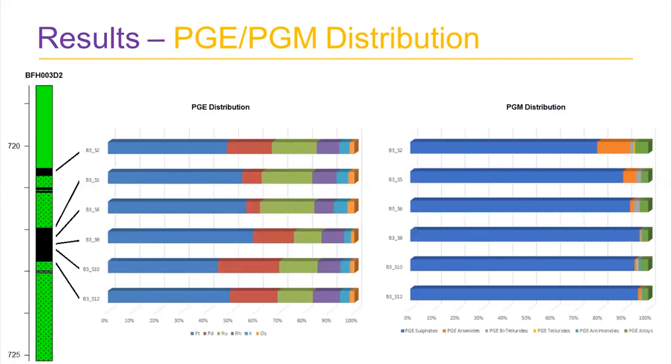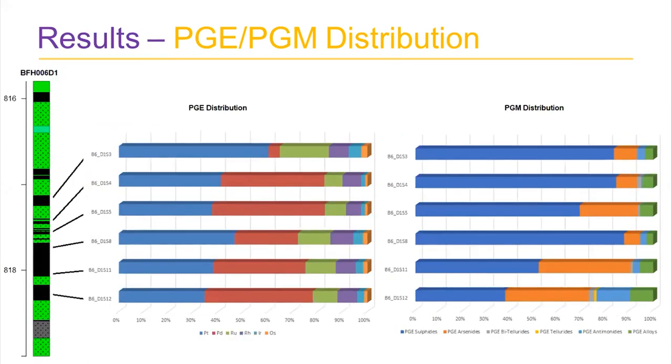Looking at the distribution of the PGE and the PGM, or how the PGM can influence the PGE down the stratigraphy, we looked at PGE distribution, and here we can see that platinum is mostly dominant in the normal reef, and the PGM that is mostly dominant is the PGE sulfide, followed by the PGE arsenide.